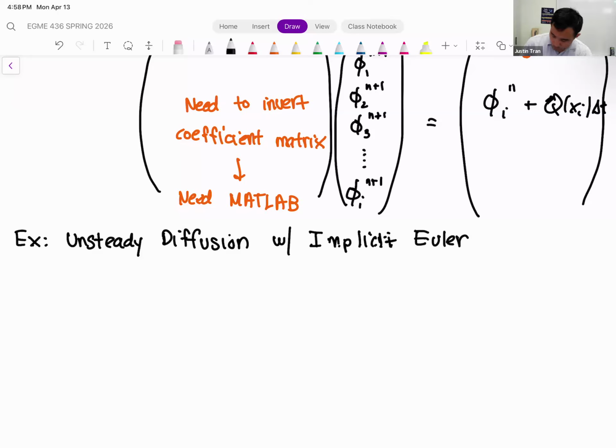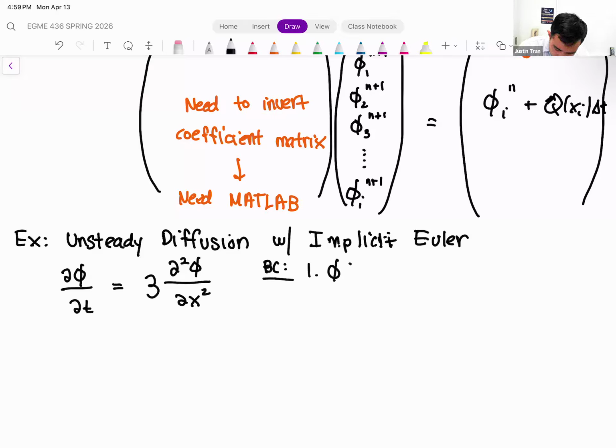So, unsteady diffusion with implicit Euler. Partial phi partial t is equal to 3 partial squared phi partial x squared. Just like the previous example, we don't have any convection, so we just have diffusion here. So U is going to be equal to 0. We have our boundary conditions, same as before: phi at x equal to 0, for all times t, is equal to 1, and partial phi partial x at x equal to 1, for all times t, is equal to 2.